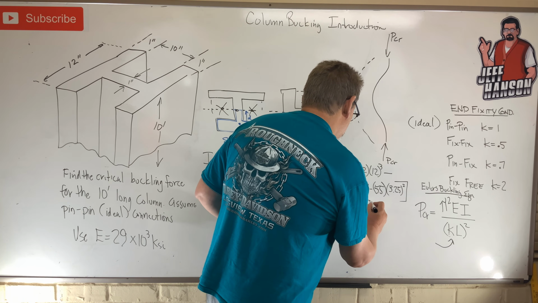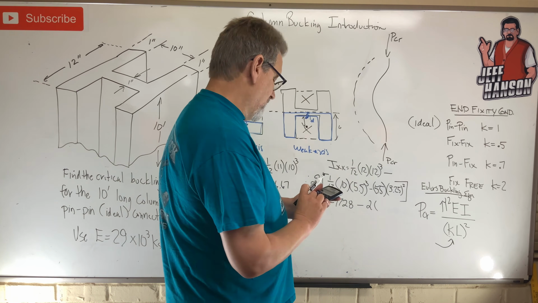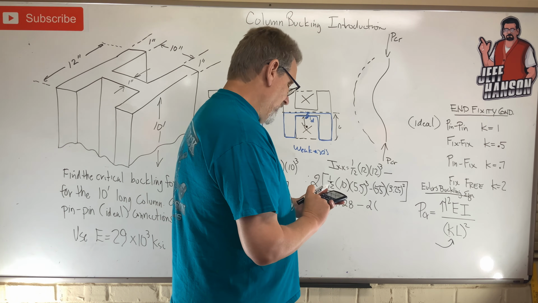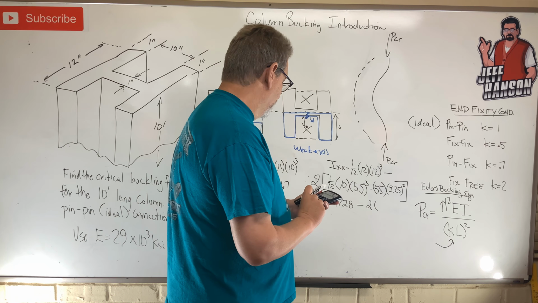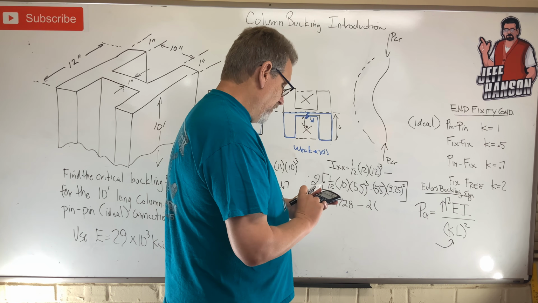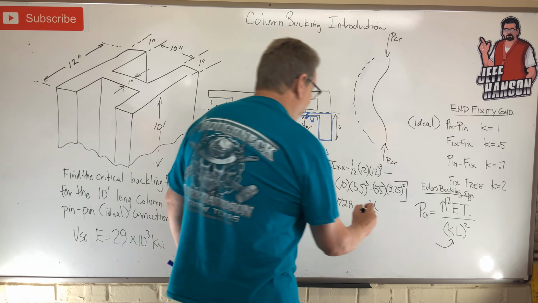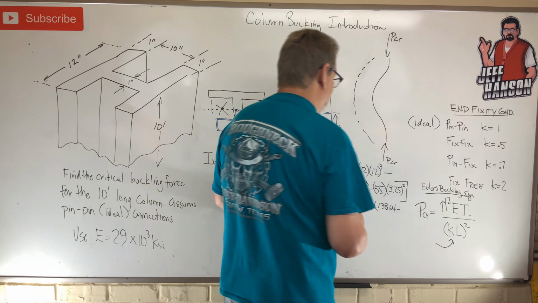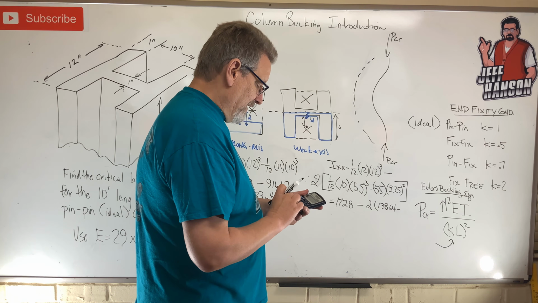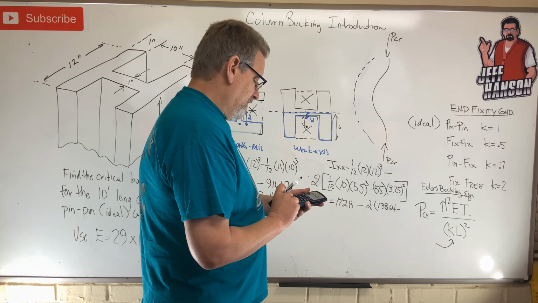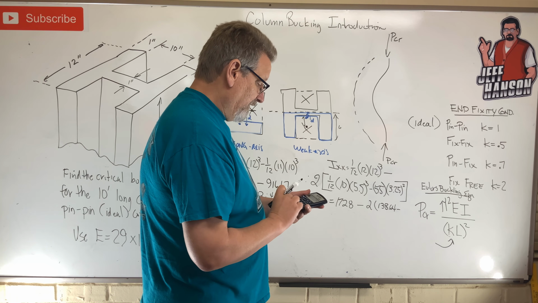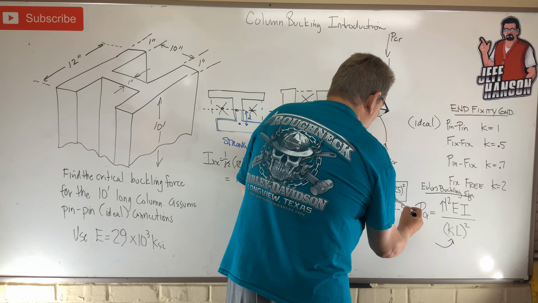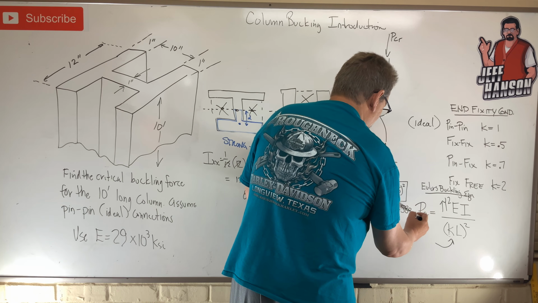Then what is all of that business? 1728 minus 2 times, okay, here we go, 5.5 cubed times 10 divided by 12 equals 138.64, plus 3.25 squared times 55 equals 580.9.